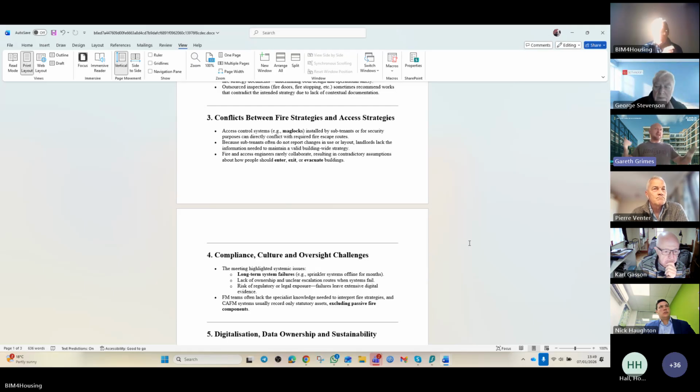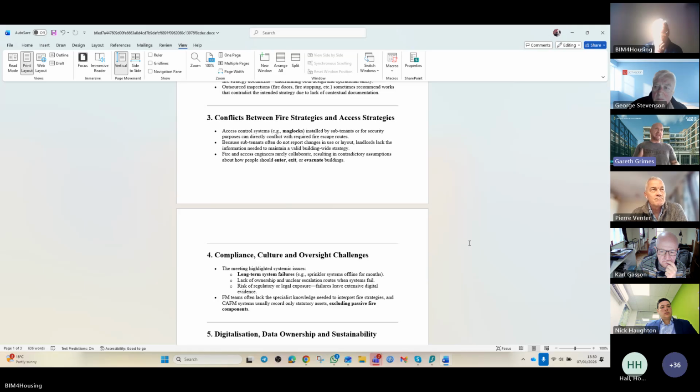So you use HSG 65 as an example: plan, do, check, act. Basically, if you're planning any work, you're then checking, and recording all that data, and all the parties come together. The problem is, unless it's a HRB with a fire door change, you don't really need to inform anybody, and people are allowing that to fall through the cracks.